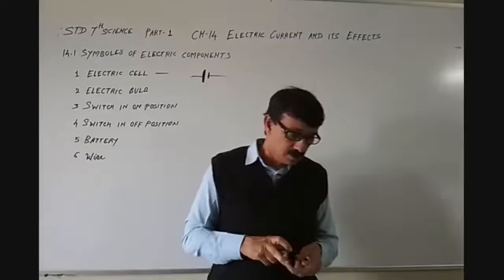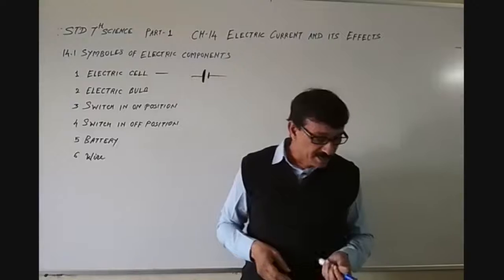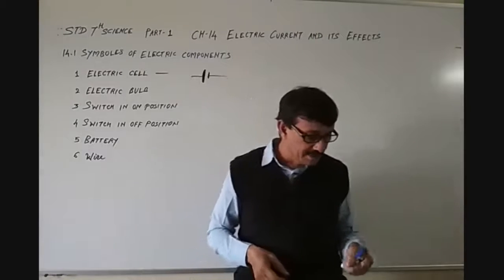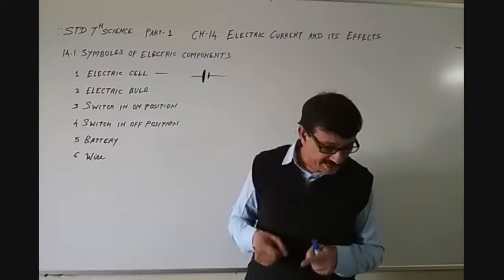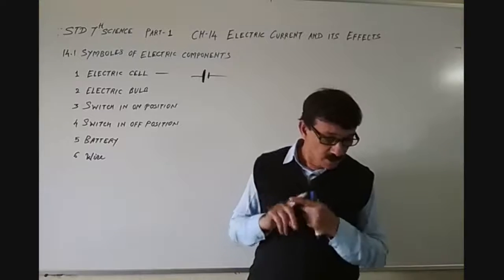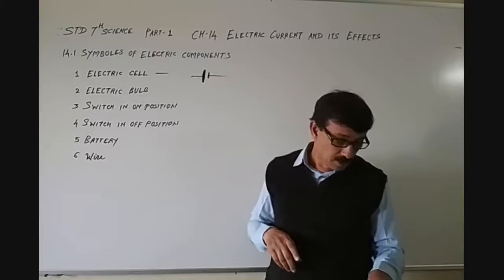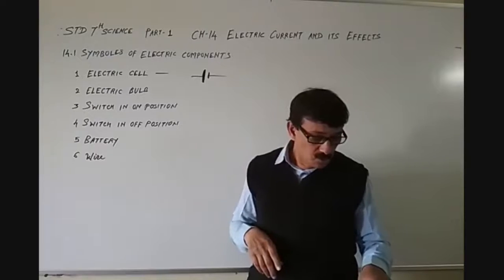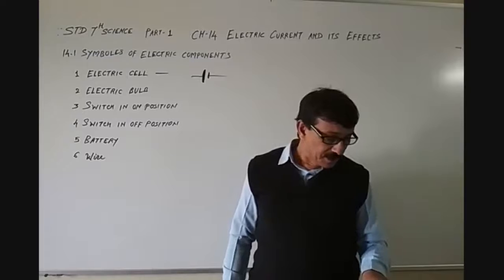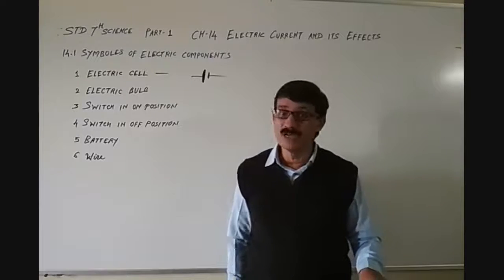Let's look into this one. Look at these symbols carefully. In the symbol for the electric cell, notice that there is a longer line and a shorter but thicker parallel line. Do you recall that an electric cell has a positive terminal and a negative terminal?